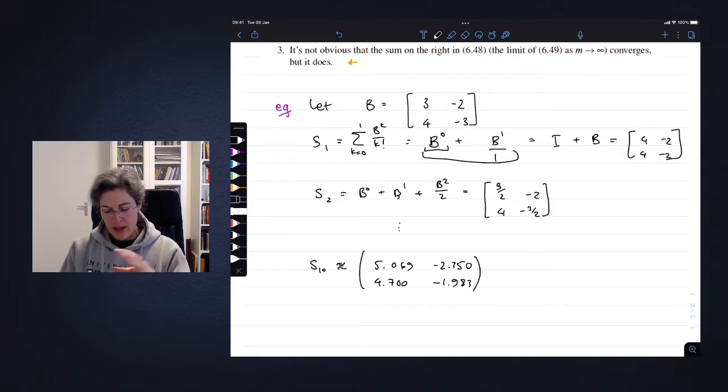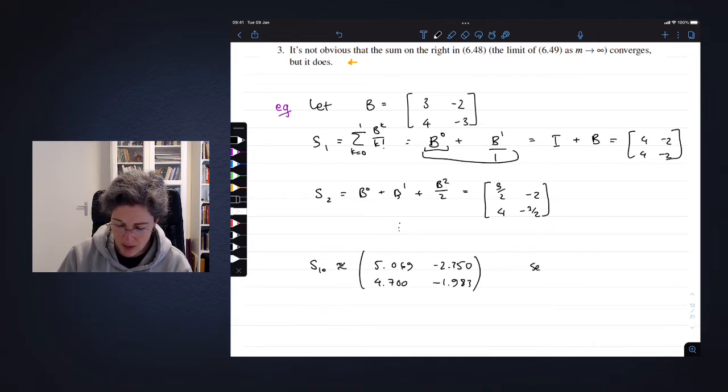And as you keep adding terms, you'll see that the difference between successive sums gets smaller and smaller. This is not a rigorous proof, but we took some random matrix and started calculating terms in the matrix exponential, and it seems like it's converging. It seems like maybe in general it does, and in fact in general it does. So that's nice.